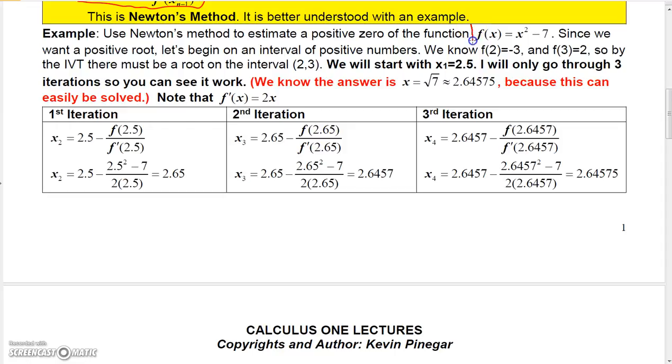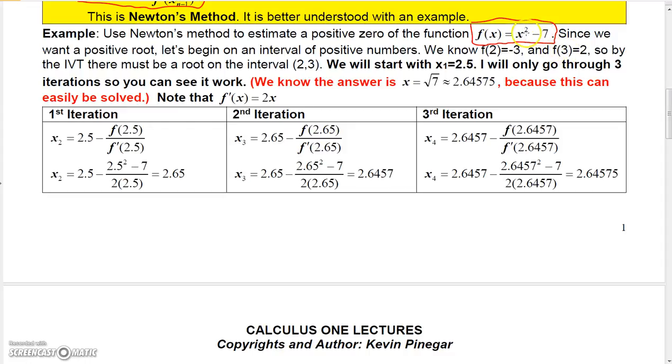Okay, so I'm going to take this function, and let's suppose I want to find a zero. Now I realize this is a function you can actually easily solve algebraically, but let's use it with Newton's method. Let's say I want a positive root. Well, if you plug 2 in, you know that f of 2 is negative 3.